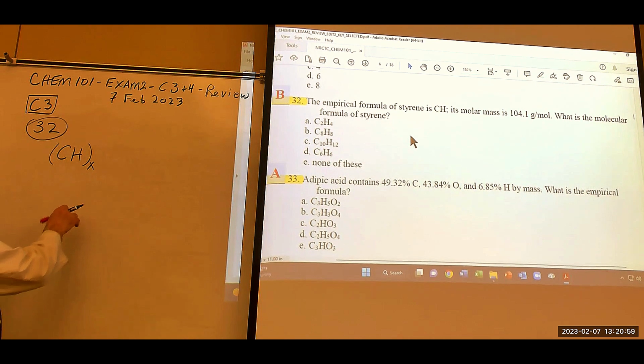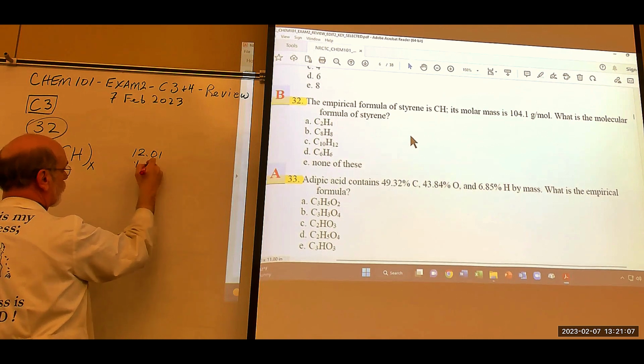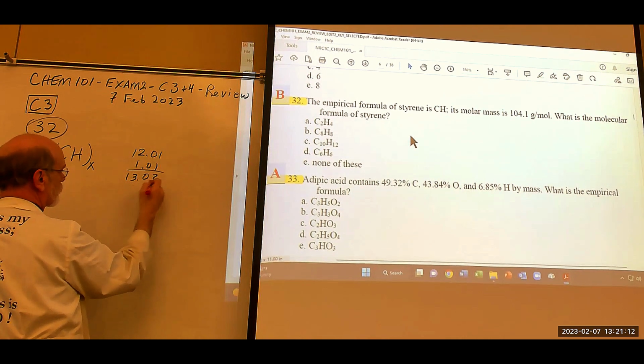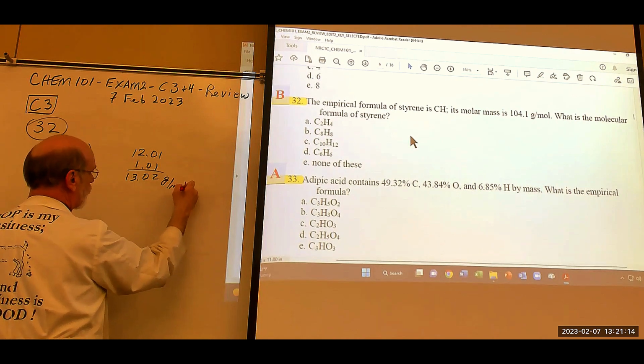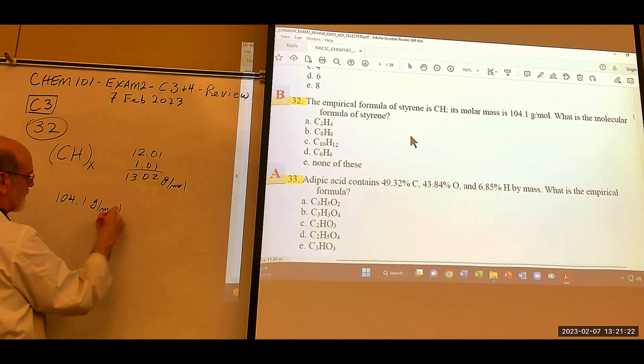And the way you do that is to ask, what's the empirical mass for that? It's 12.01 plus 1.01, 13.02 grams per mole of that formula. And we're given 104.1 as the actual mass.